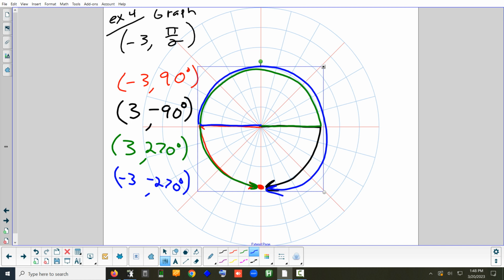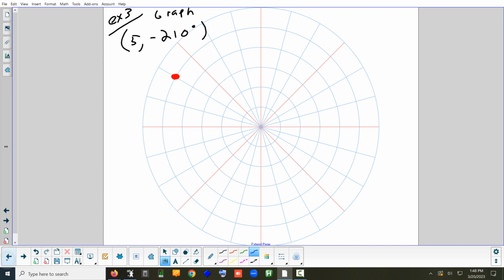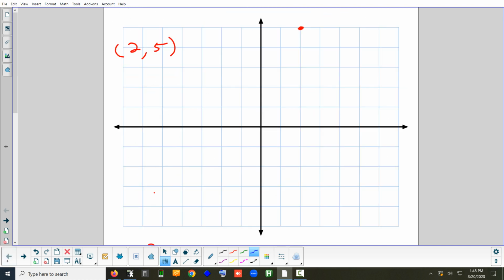Now, let's compare that to something like this. If I want to get to this point right here, how many ways can you write a coordinate that gets me exactly to that dot? Just one. So in a rectangular coordinate system, there's only one way to get to a point. In polar, there's up to 4, sometimes 3.